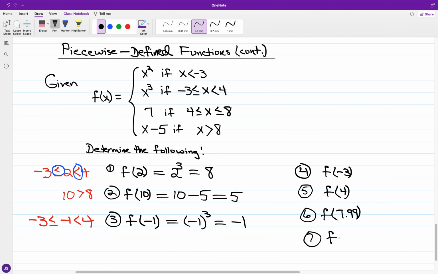Just for the next few moments, let's see what function values we get for these respective inputs.